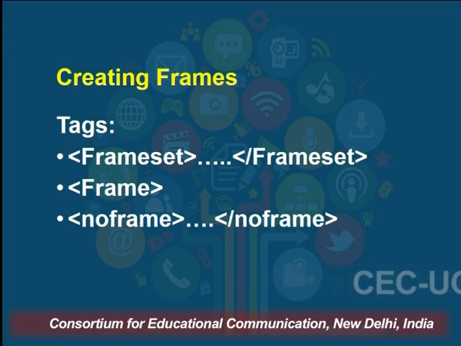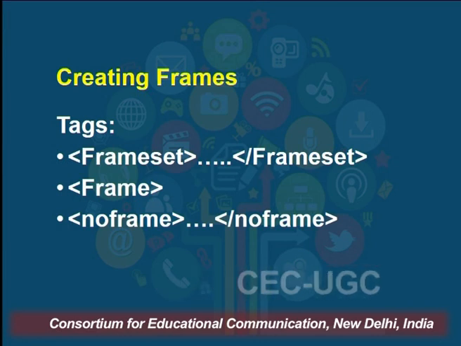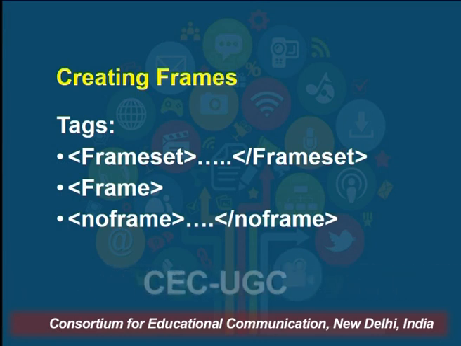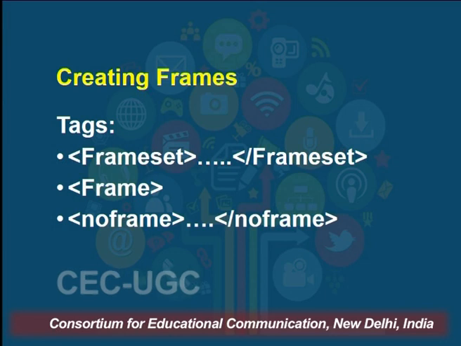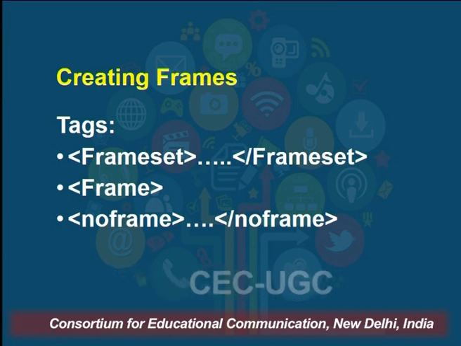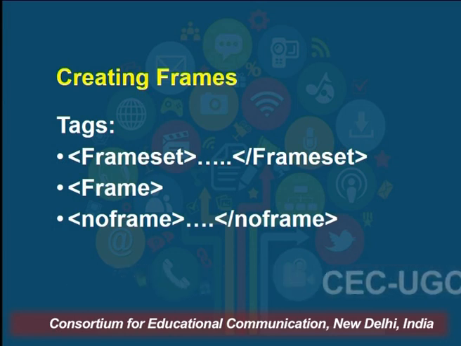The frame set tag of course is a container tag, that is, you need to close it. The frame tag generally is not a container tag and is not closed by convention. And then there is one more tag called the no frame tag. We will discuss the role of the no frame tag later on, but first we need to understand what the frame set and frames are.